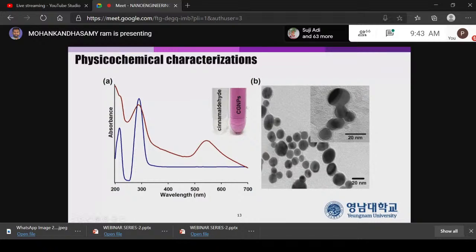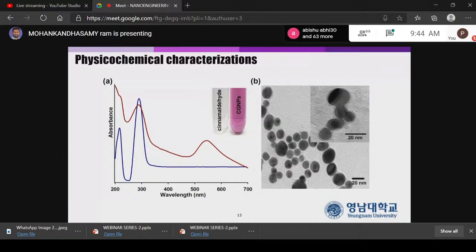The right-hand side image shows the transmission electron microscopic image. You all know about optical microscopy; these electron microscopes are more advanced ones. To see what's happening and how the nanoparticles are formed, these electron microscopes are so important. So we used that and characterized these nanoparticles.